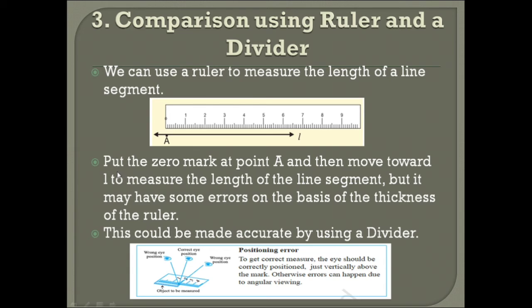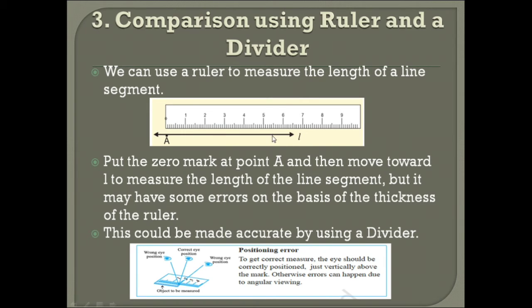So let's read. Put the zero mark at point A and then move toward 1 to measure the length of the line segment. But it may have some error on the basis of the thickness of the ruler. This could be made accurate by using a divider. Now see, by using a ruler, you have to keep the 0 point on one end and move towards the second end, right?